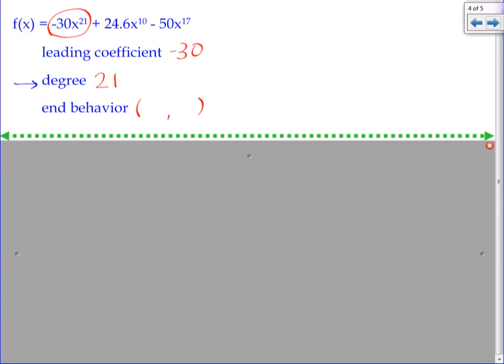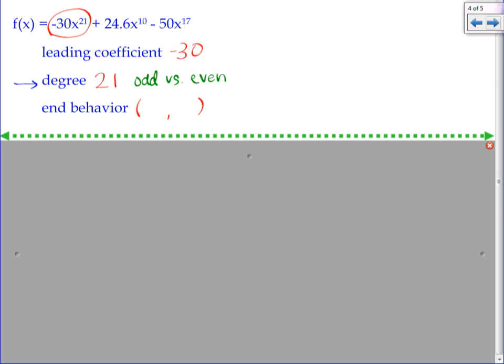Okay, so let's write that right here. Okay, and because it's odd, that tells us what? It's going to be curvy, yes. What do we know about the end behavior, though, if it's odd? Same direction or opposite directions? They're going to go opposite directions if it's an odd number. Okay, that's all we take from the exponent.